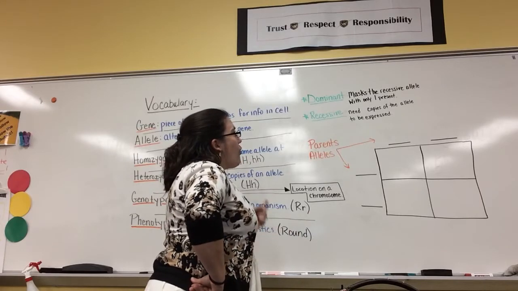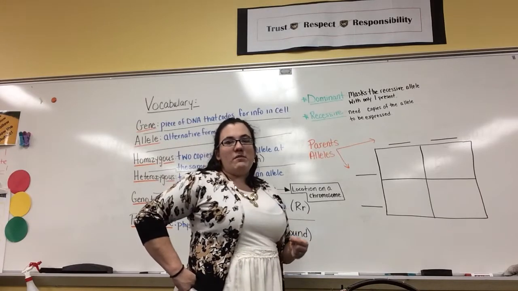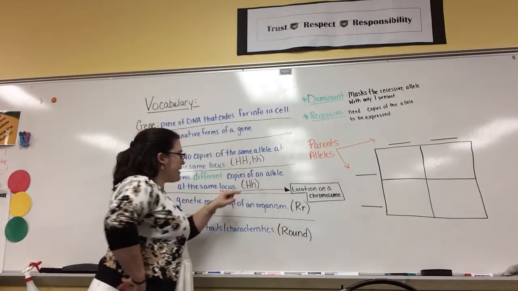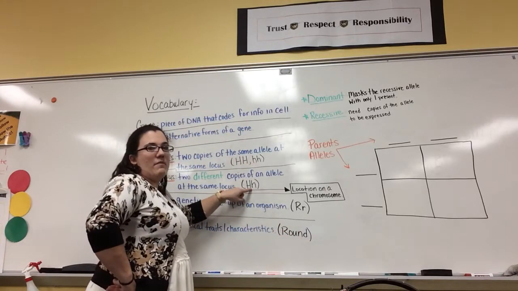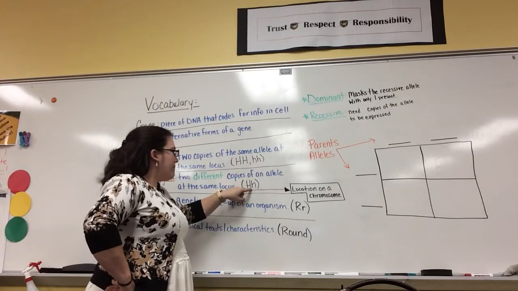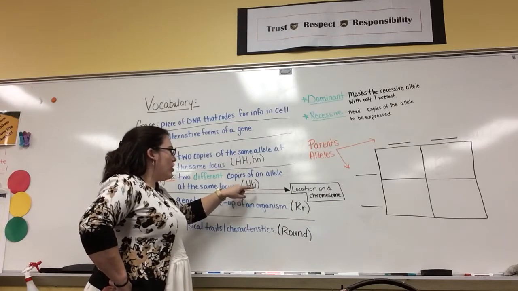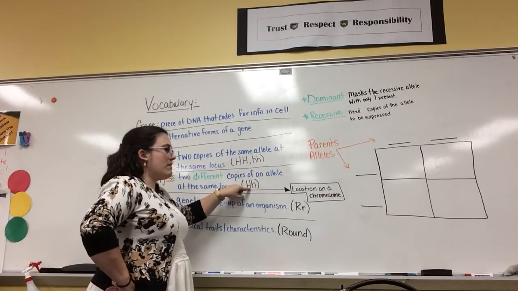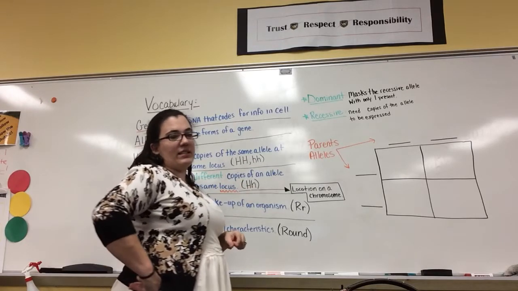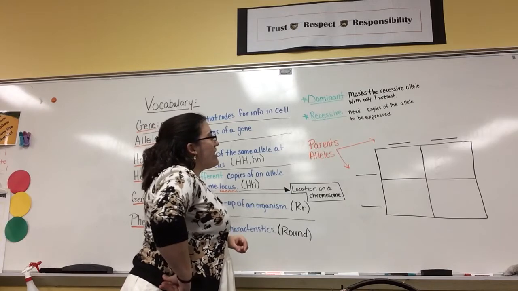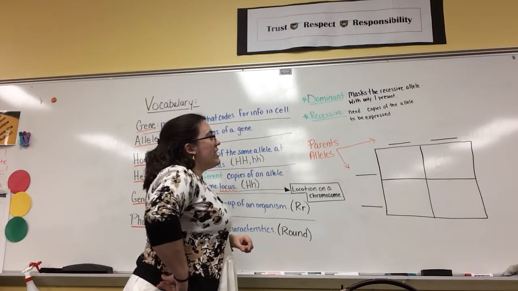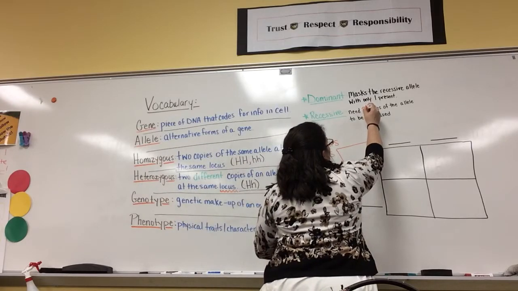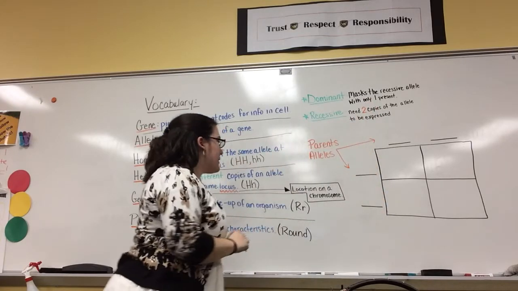And you only need one dominant allele to be able to express that trait. So if we had this heterozygous individual over here, big H, little h, you would see that you only need one of these present to be able to express that specific trait. And then recessive, you would need two copies of the recessive alleles for it to be expressed.